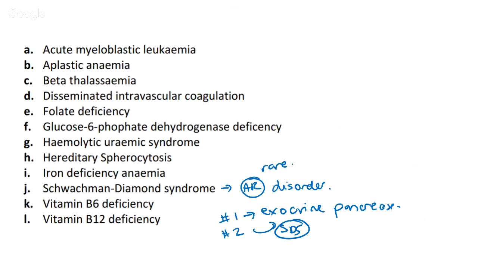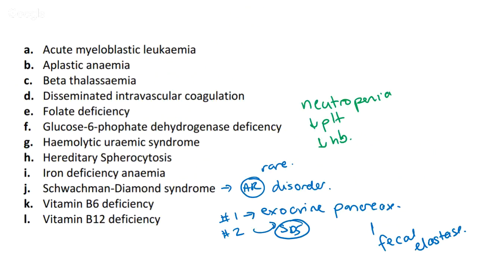Now, how do we measure somebody to have exocrine pancreas dysfunction? Fecal elastase. So that therefore is also going to be decreased in Shwachman-Diamond syndrome. What are you going to see in Shwachman-Diamond syndrome? Typically, you see a neutropenia, decreased platelets, and decreased Hb.